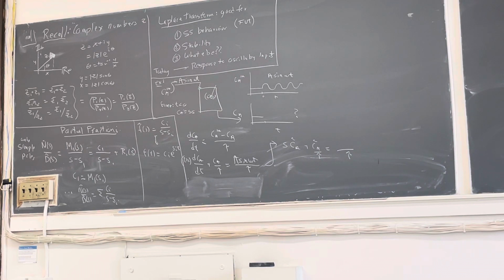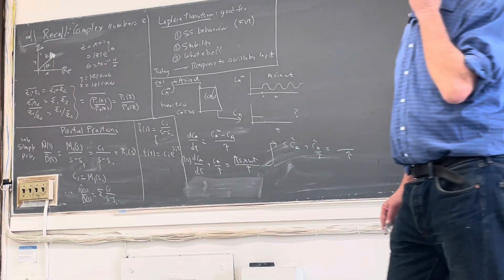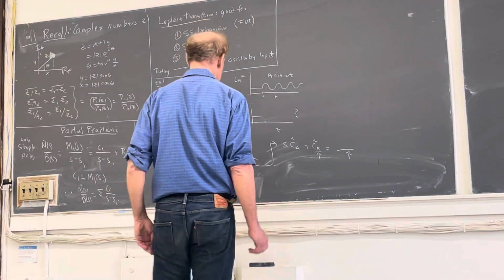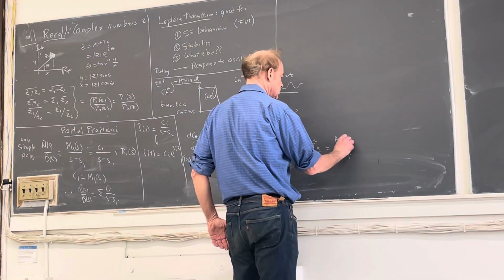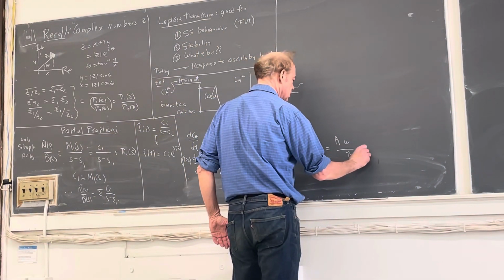You're supposed to have these things with you. It's omega over s squared plus omega squared. Thank you.